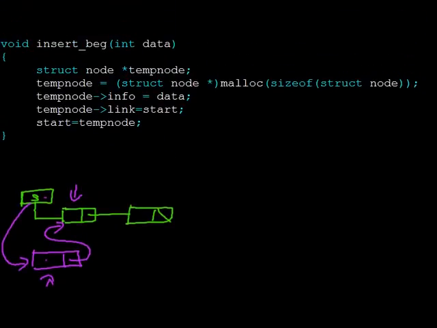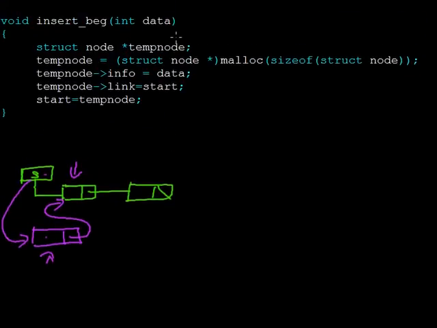This is a very simple and very small fragment of code. We are simply creating a temp node. This is temp node. Then we are allocating the memory for it. Then we are copying the data into the info part.